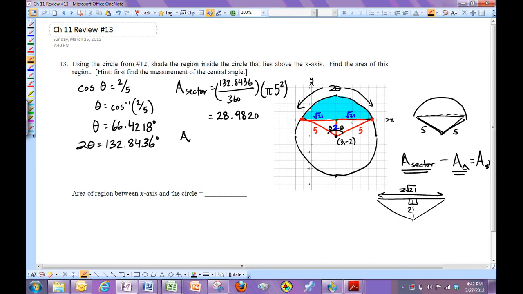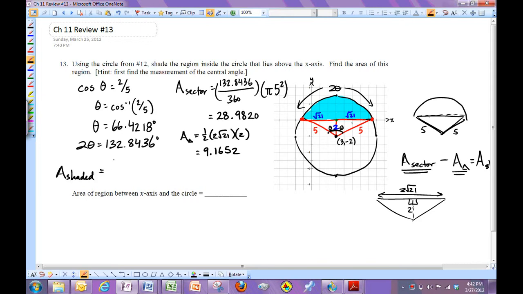So then that means the area of my triangle is going to be 1/2 base times height, and the base is 2 root 21, and the height is 2. So if I multiply all that out, I've got 9.1652.